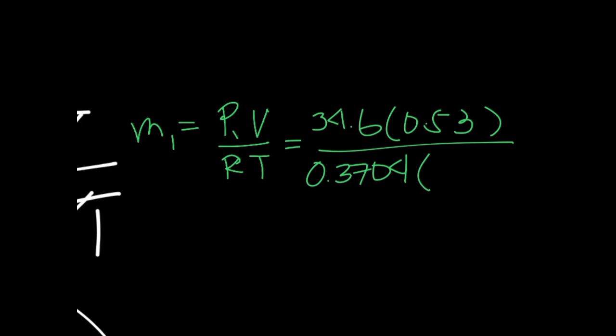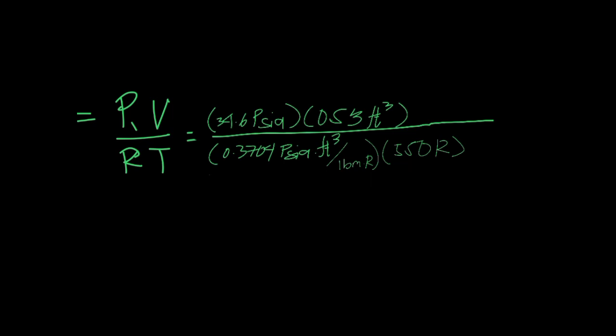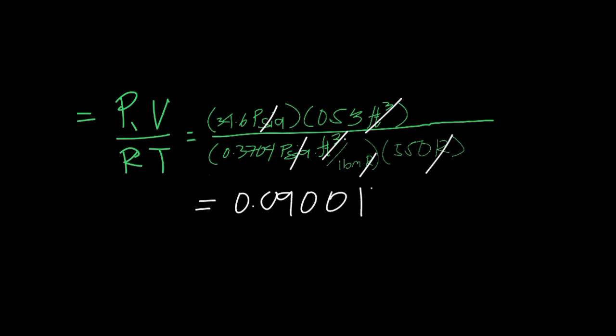Our unit is English, so 90 plus 460 is 550 Rankine. First, we're going to cancel the units, so we have psi, cubic feet, and Rankine, so we are left with pound. So our mass 1 is equal to 0.0900 pound.